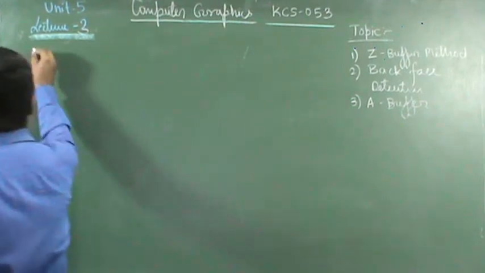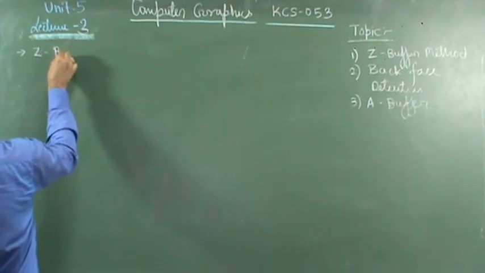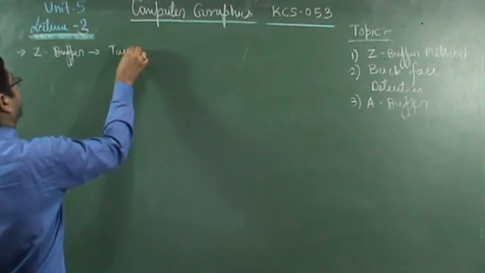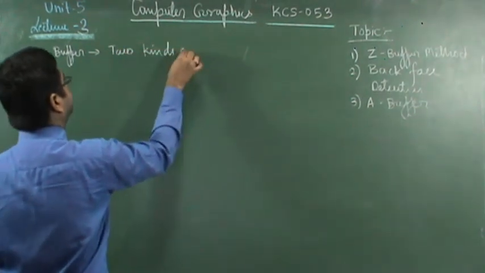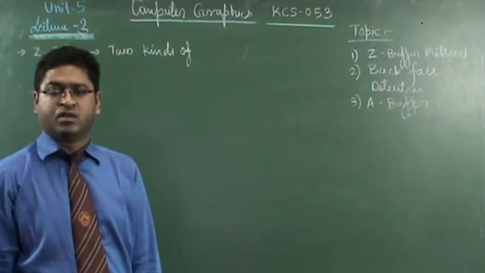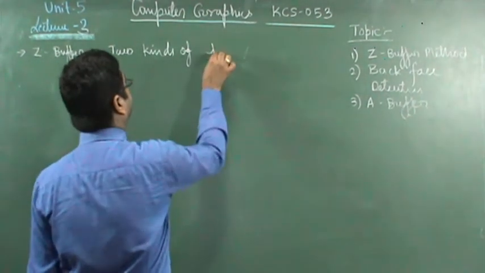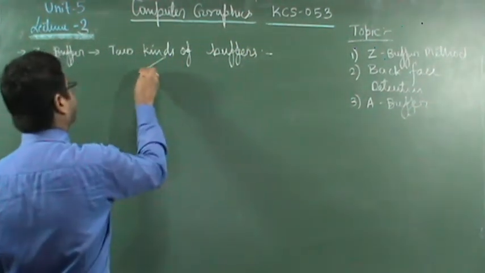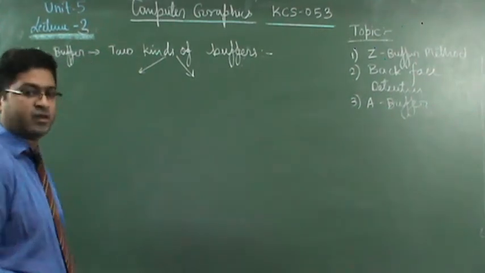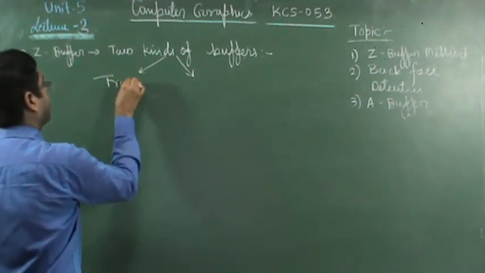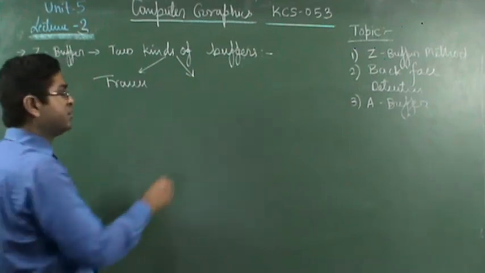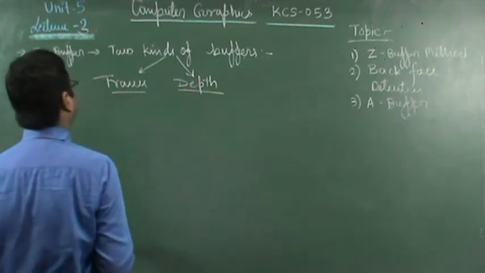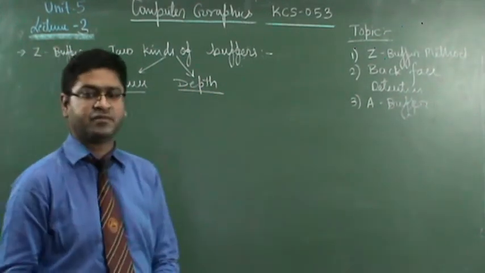In the previous section we studied that it has two kinds of buffers: the frame buffer and then the depth buffer. The frame buffer and the depth buffer are totally different from each other.